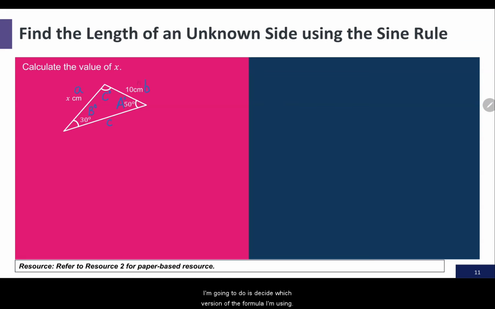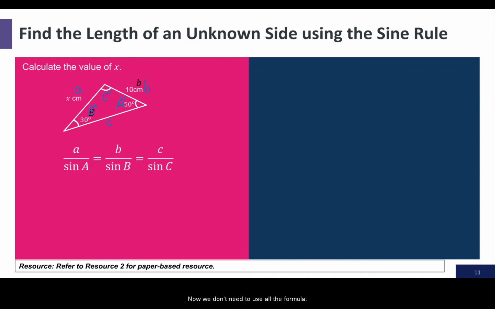First thing I'm going to do is decide which version of the formula I'm using. And in this case, because we're trying to find the length of a side, we're going to be using the formula where the sides are numerators. Now we don't need to use all the formula. We only need to use 2 sections.